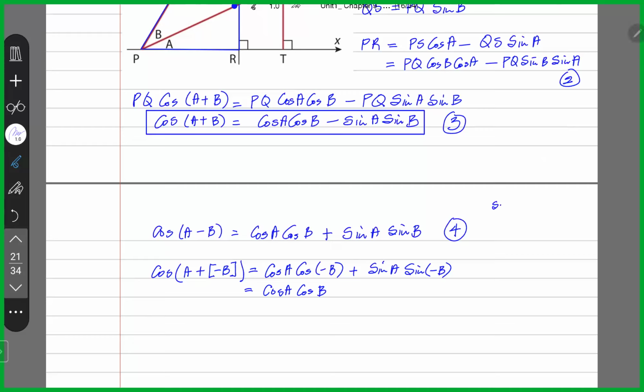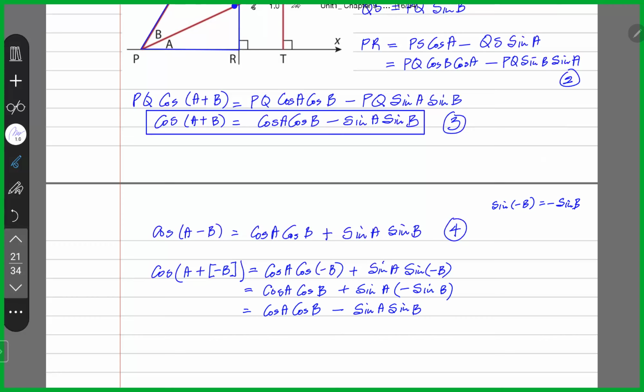So sine minus B is equal to minus sine B. So this would be plus sine A multiplied by minus sine B. So this would be cos A cos B. A positive times a negative is a negative: sine A sine B.